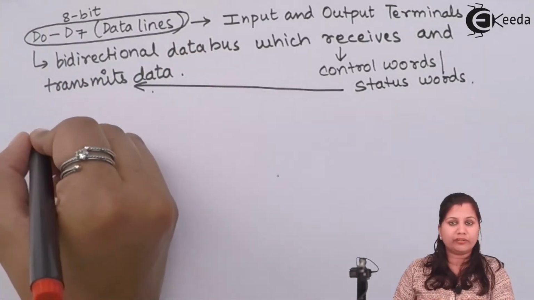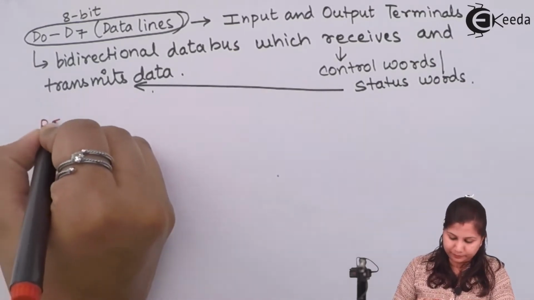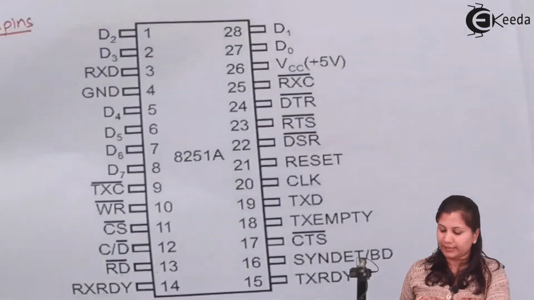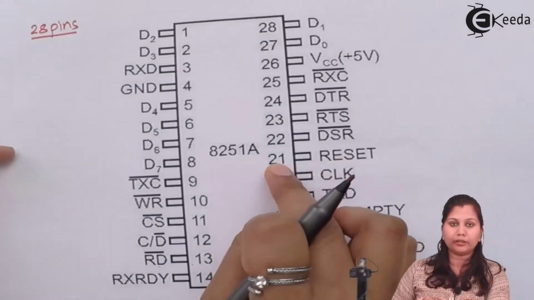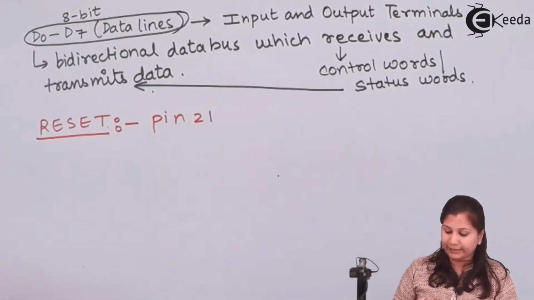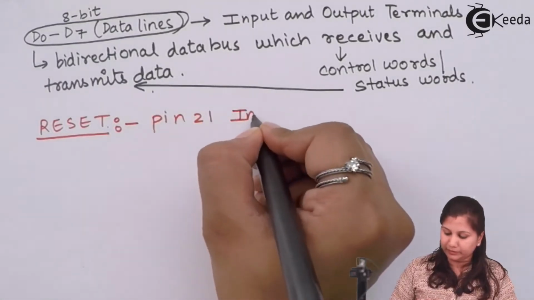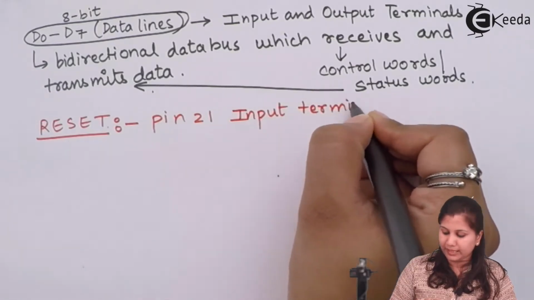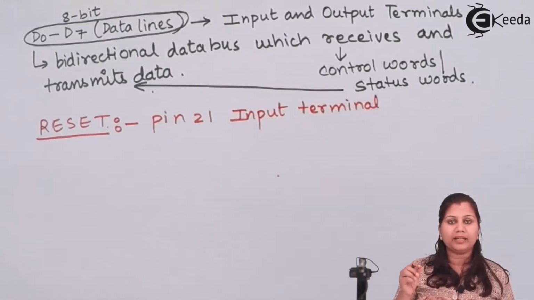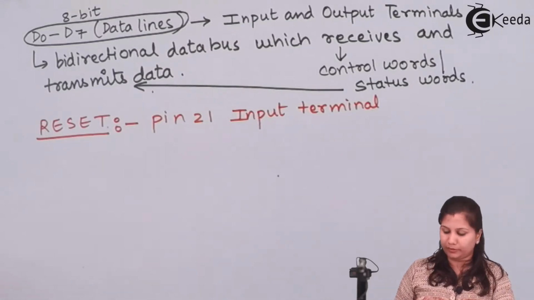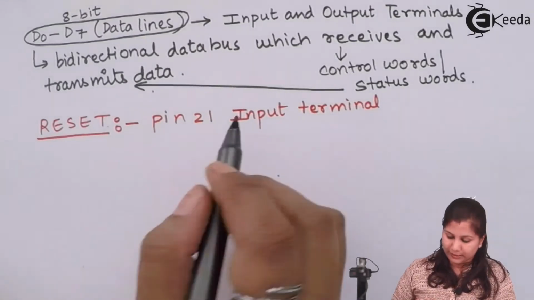Next we have the reset pin. This reset pin is available at pin number 21, and it is acting as an input terminal. Input terminal means that this reset input signal will be given to the 8251 controller.